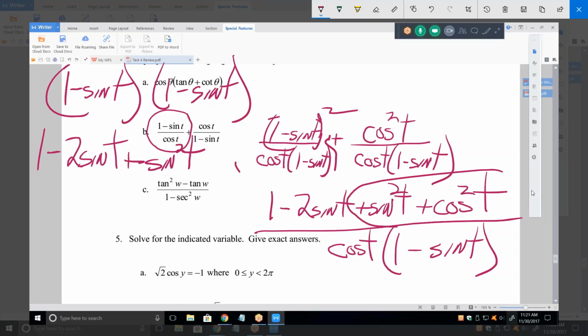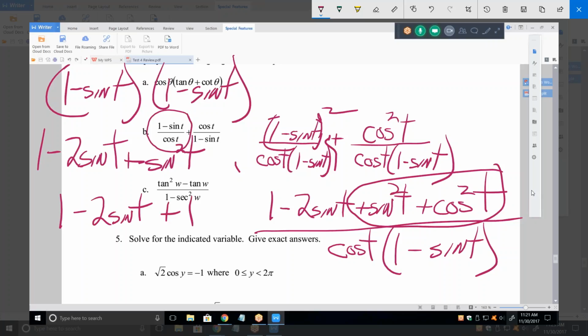What's that? It'd be 2 sine t. What is sine squared t plus cosine squared t equal to? 1. Okay, so now we got 1 minus 2 sine t plus 1.